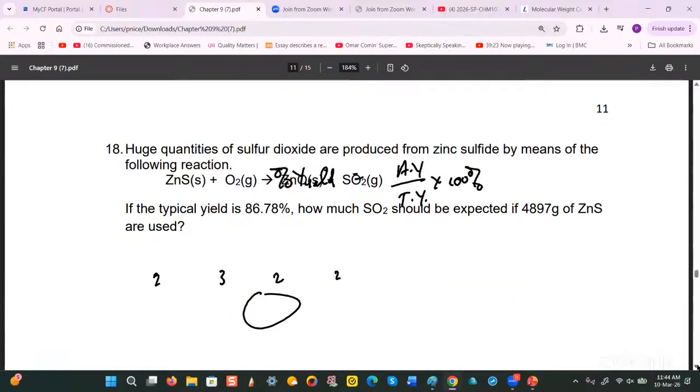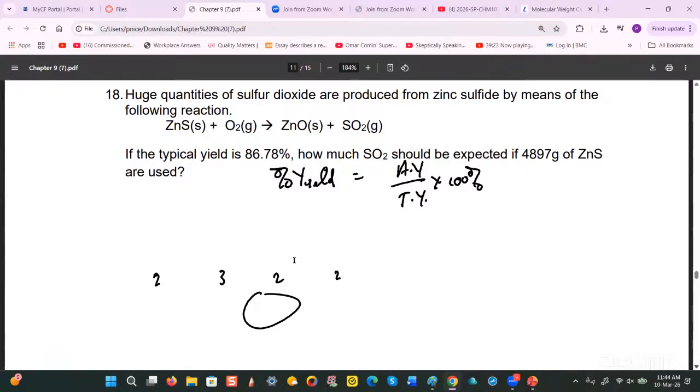So what I would do here, so this is 2, 3, 2, 2. Okay, so you're starting off with 4.897 grams of zinc sulfide.